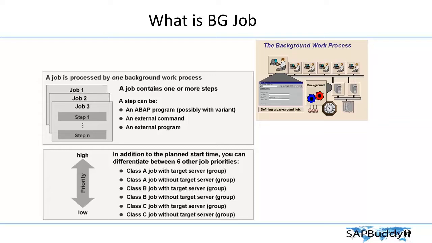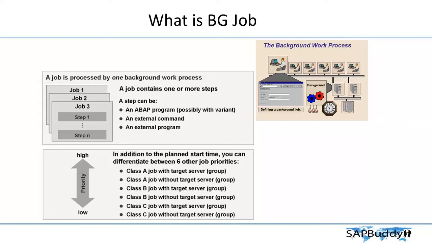The fifth priority goes to class C jobs with target server or target group. And the sixth priority goes to class C jobs without target server or target group. So we have six different priorities. In general it is three, but if you have the specific conditions, then we need to consider this.